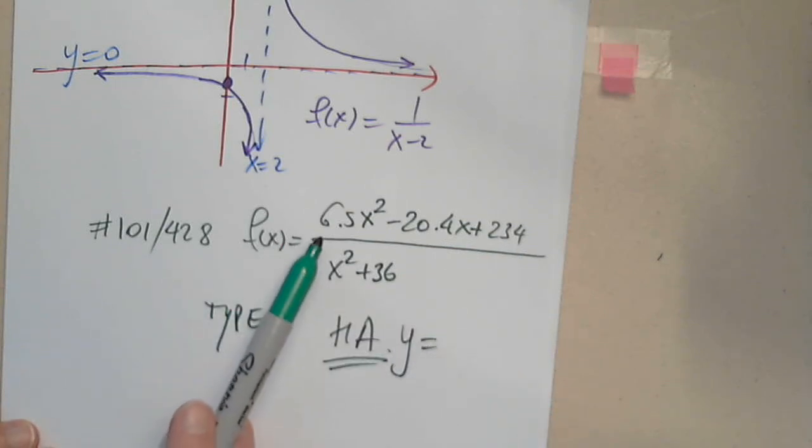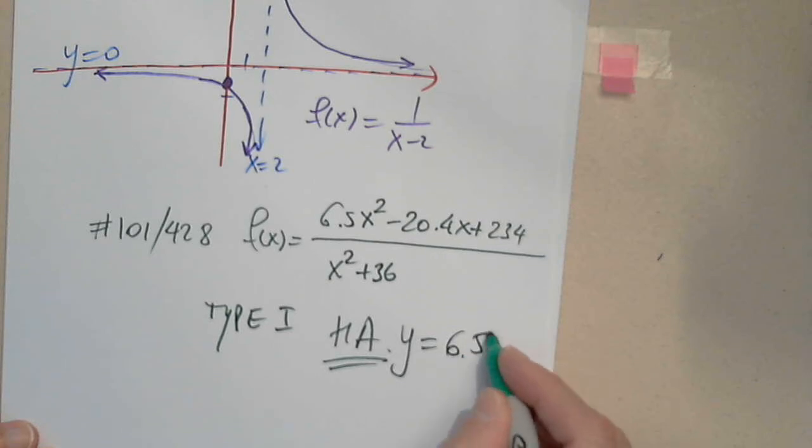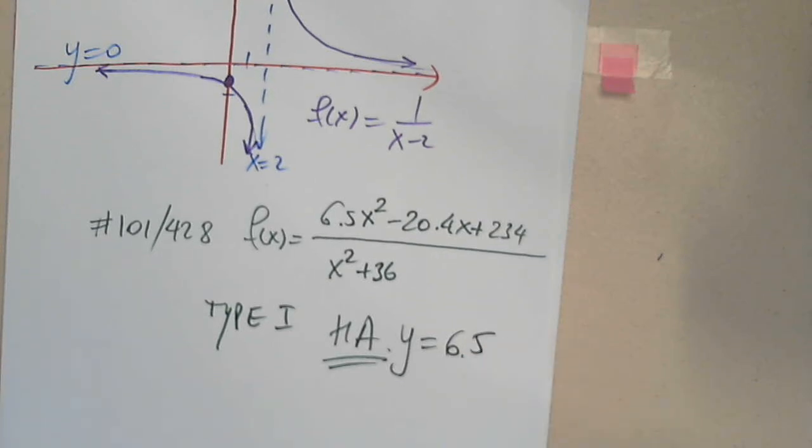So then the leading coefficient is 6.5, and the leading coefficient is 1. So the leading coefficient over the leading coefficient is 6.5. So going back to the graph, do we see that this is indeed approaching 6.5 forever? Yes?